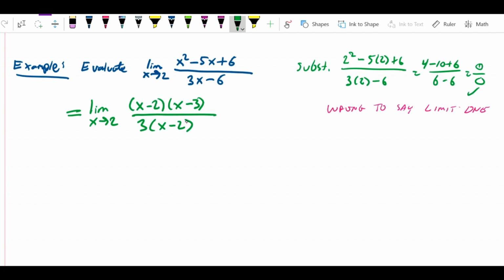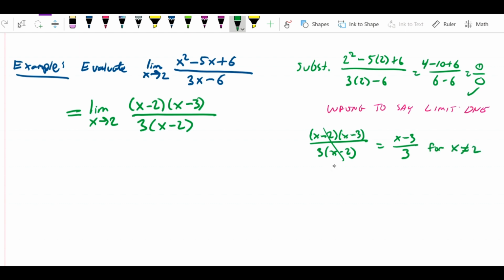The same rule applies. In other words, we can say, with reference to the previous example on the previous page, that x minus 2 times x minus 3 over 3 times x minus 2 is equal to x minus 3 over 3 as long as x is not equal to 2.